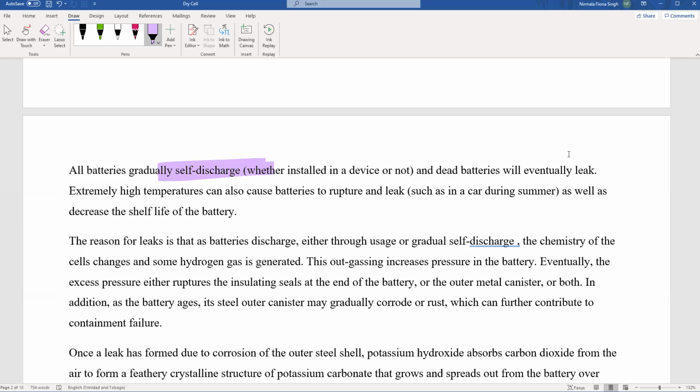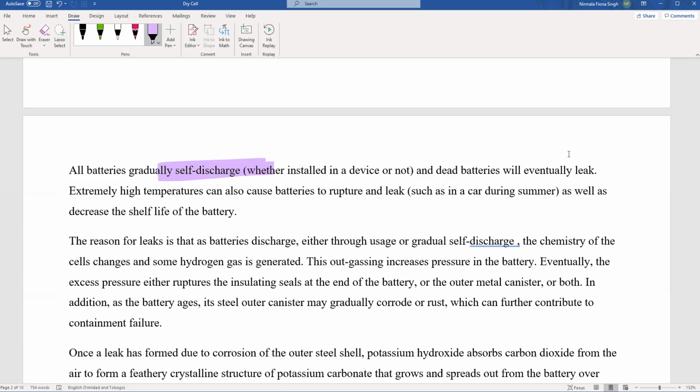This outgassing increases the pressure in the battery. Some batteries you do start to see swelling. If you've ever noticed a battery starting to swell, please don't use it. Take it out immediately and dispose of it.